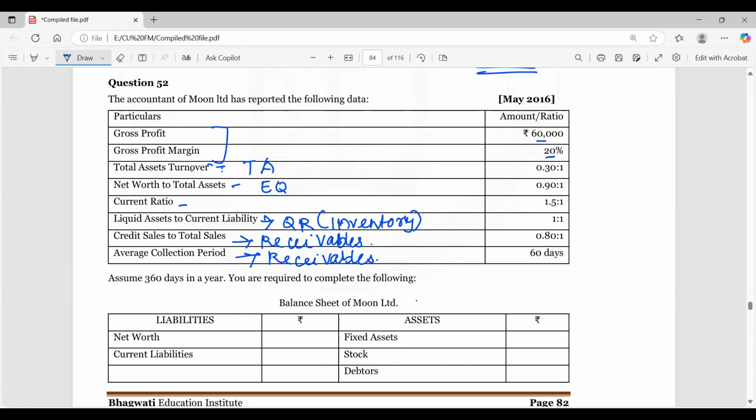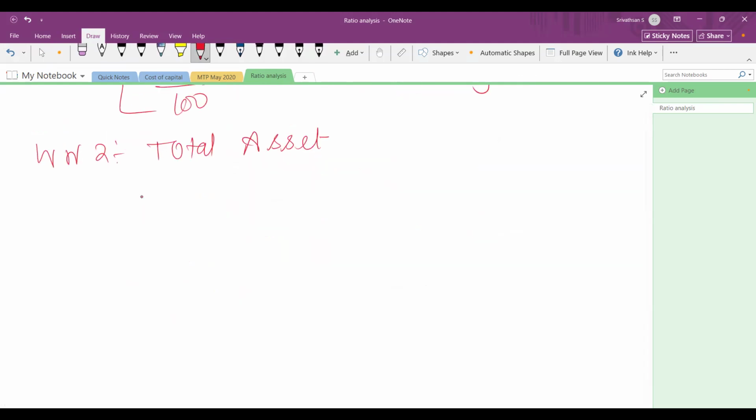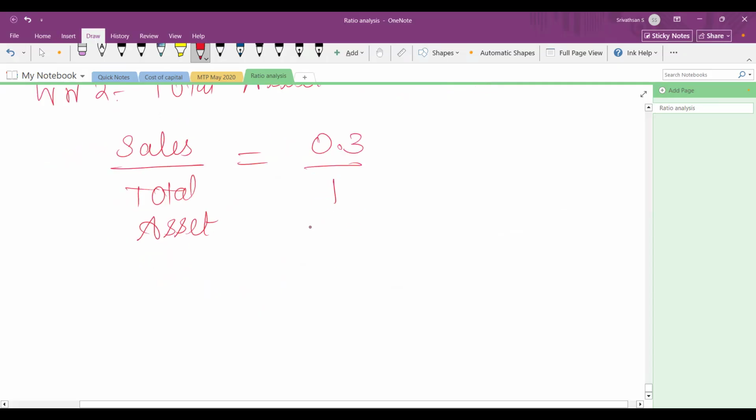Next, what we can calculate is total asset using the total asset turnover ratio. Working note 2, total asset. Sales by total asset is equal to how many times? 0.3 by 1.